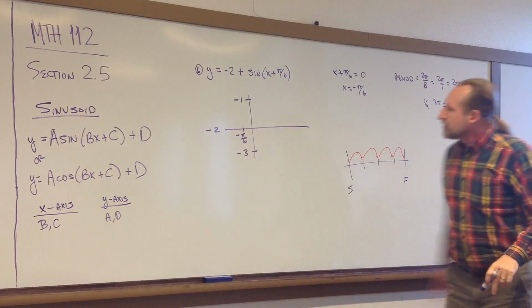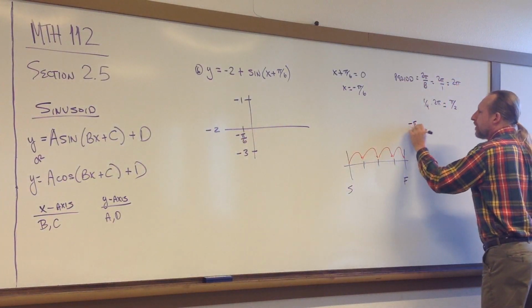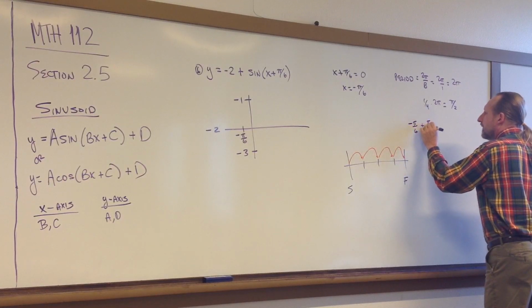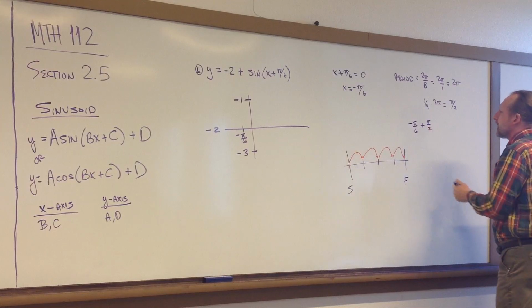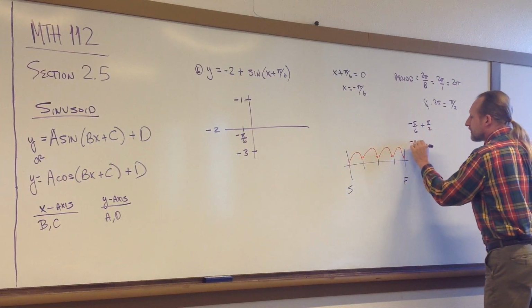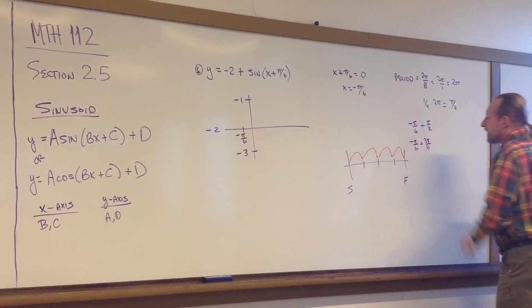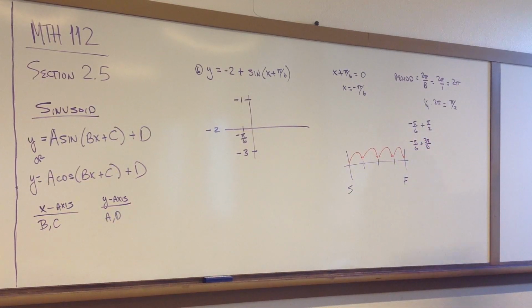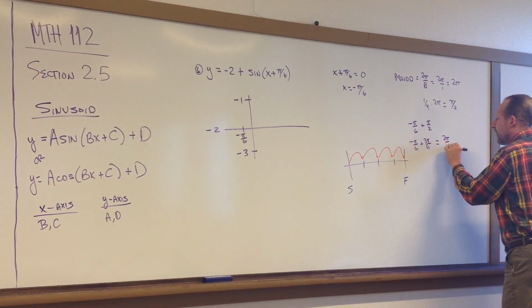Okay, so that means we need to take our starting point, -pi/6, and add pi/2 to it. Well, we need common denominators, so let's use 6. So this is going to be 3pi/6. Plus -1pi is going to be 2pi/6.